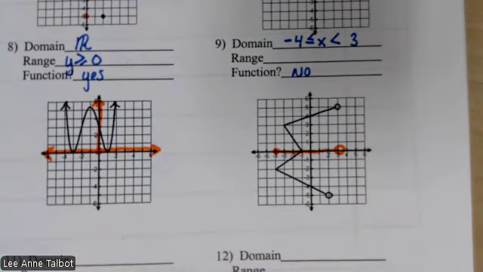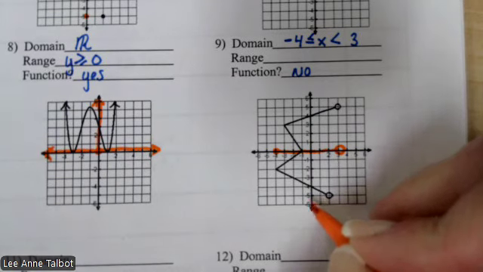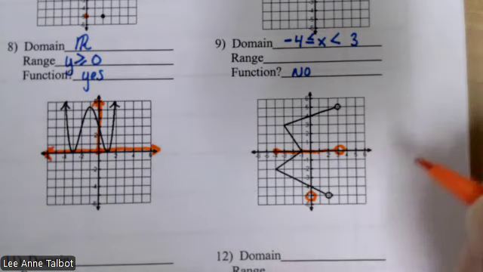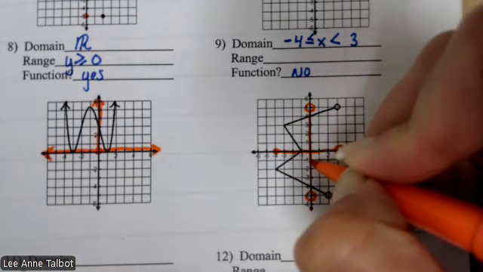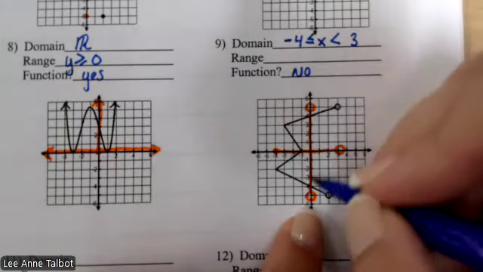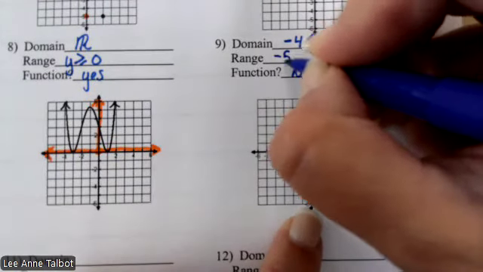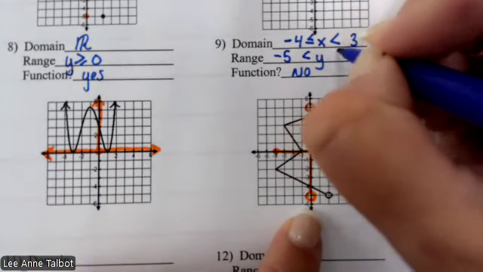Now the range, is the bottom open or closed? Open, beautiful. Is the top open or closed? Open. Open, open.